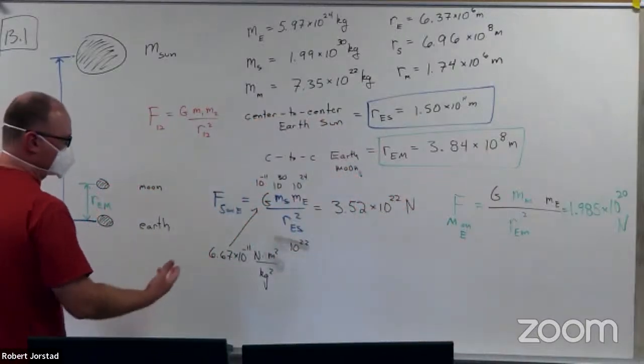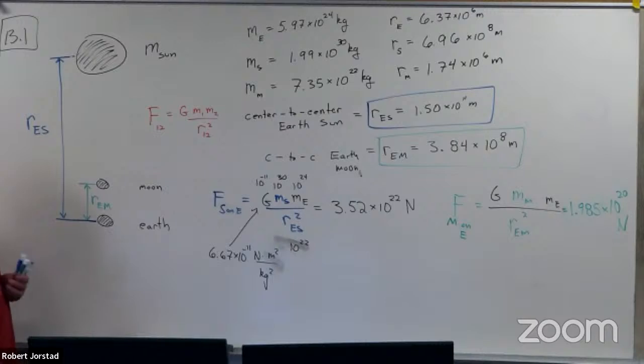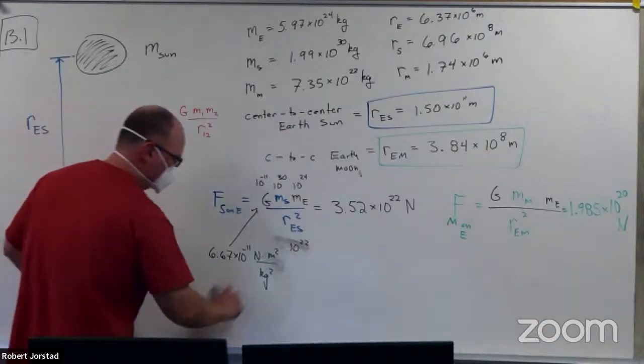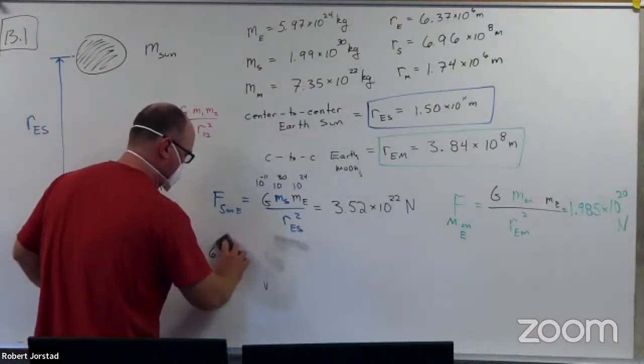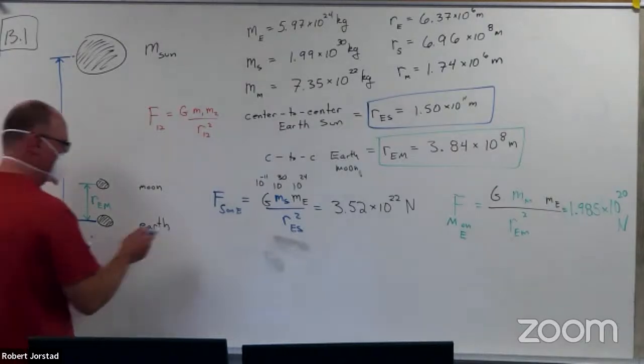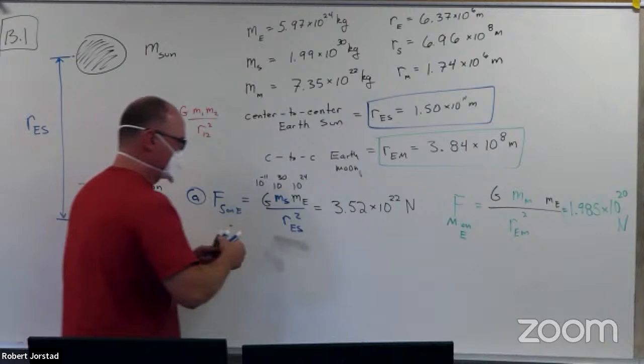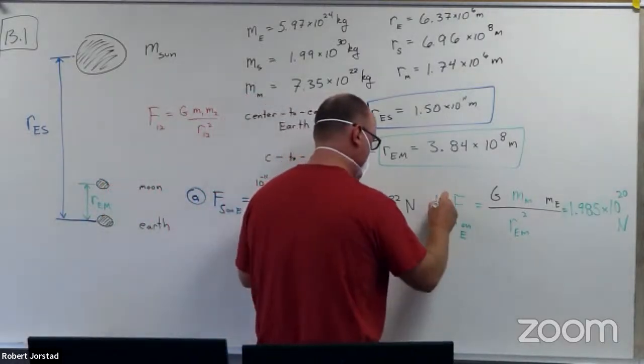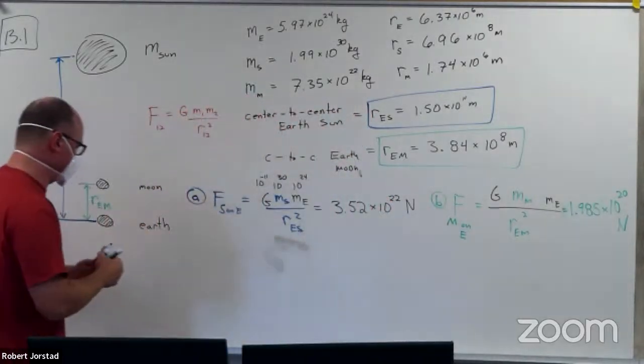All right, so we got the forces here. What if I wanted to get potential energy? Let's see what the question is. So I think we did parts A and B, right? So this was A. This was B. Part C, let's practice our potential energy formula.